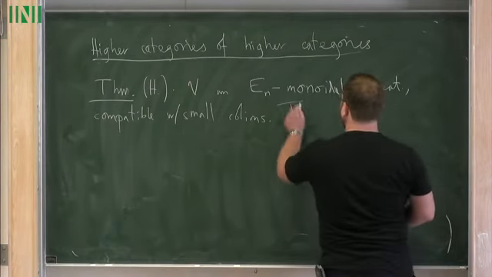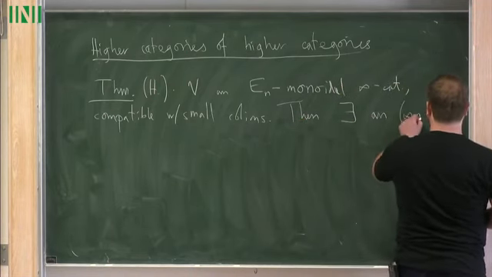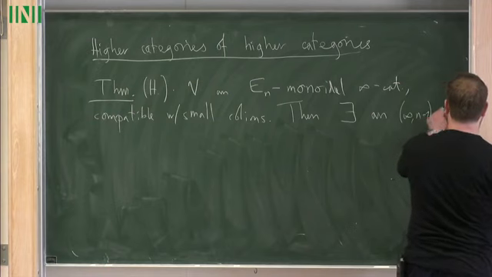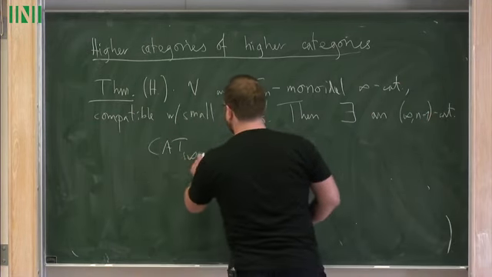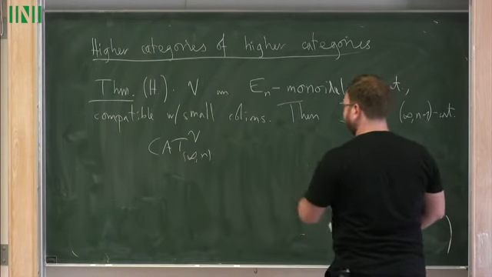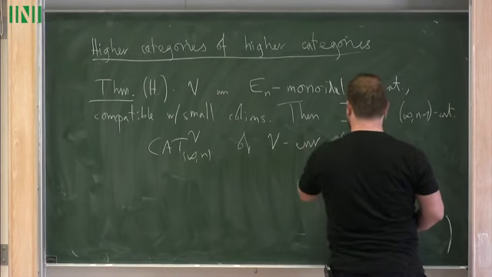Then there exists an infinity (n+1)-category, I'll call it Cat_infinity^n(V), whose objects are V-enriched infinity n-categories.